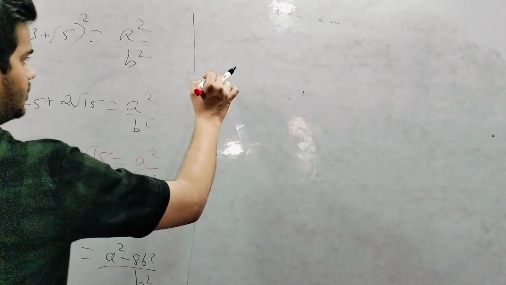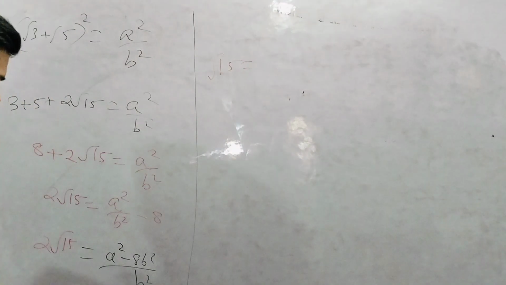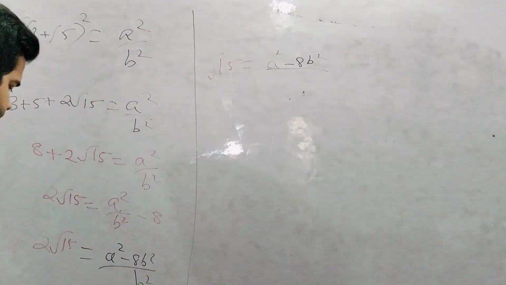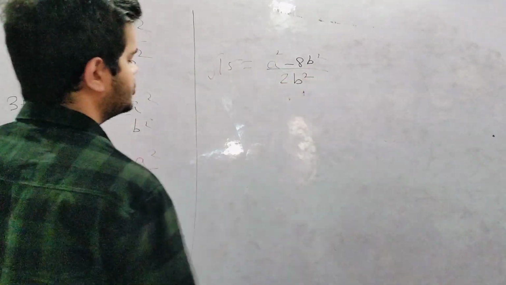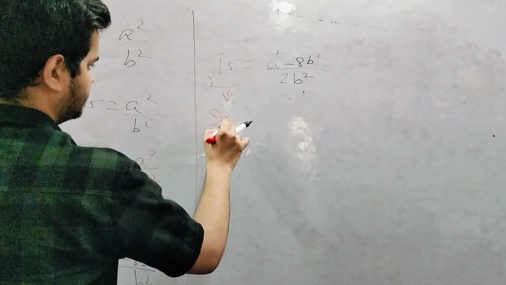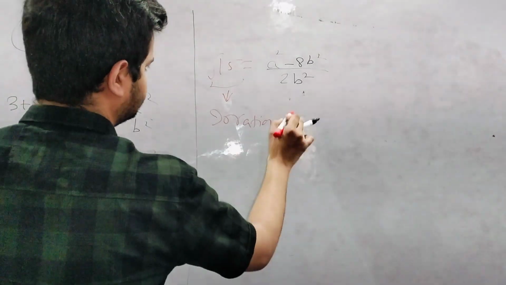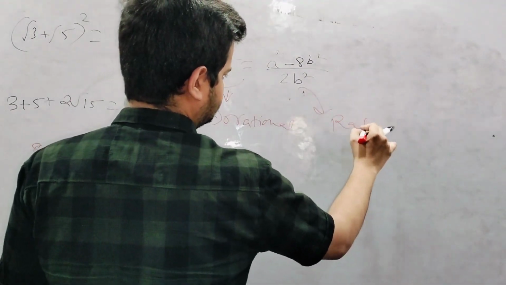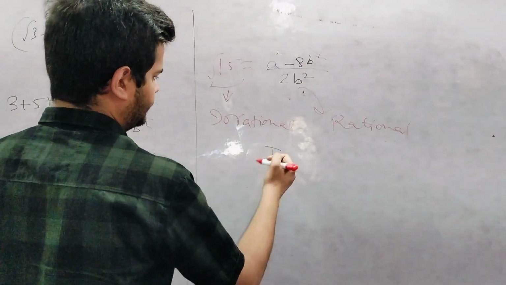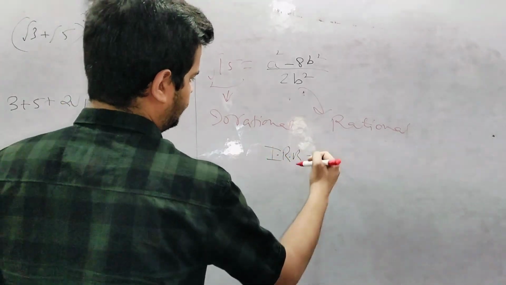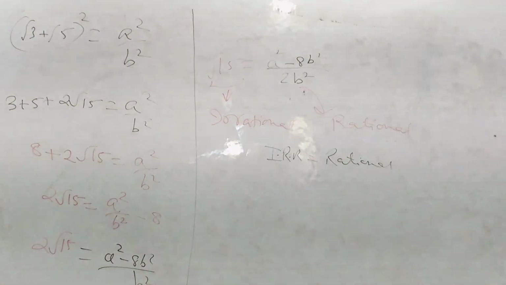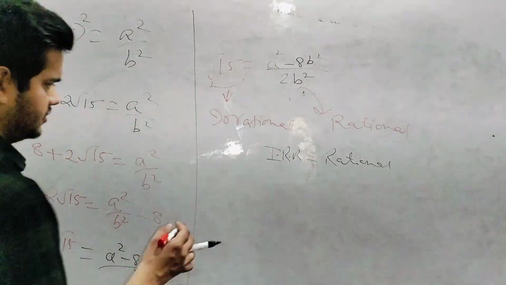So from here, √15 is equal to a square minus 8b square upon 2b square, right? From here the LHS is irrational and the RHS is rational. That is, this equation says that a number which is irrational is equal to a rational.